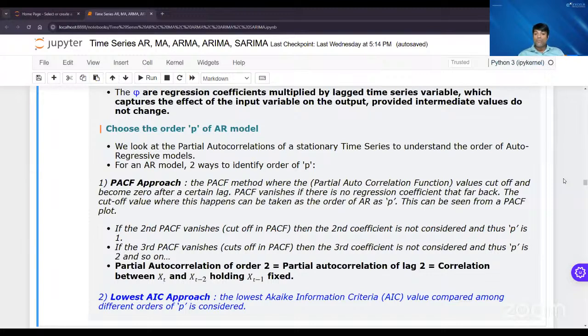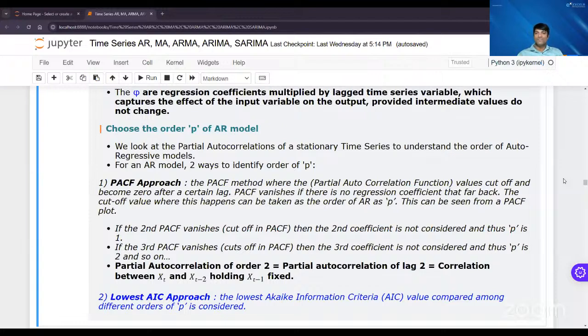Then there should be no multicollinearity. That means the lagged variables should not have correlation among themselves. And the error term also should be independent, and we say it as IID in statistical terminology, independent and identically distributed. You have studied statistics, so when I say IID, you would have remembered this.